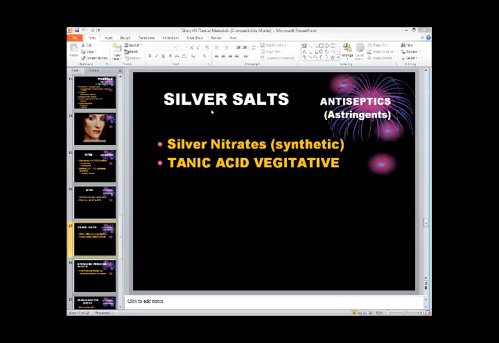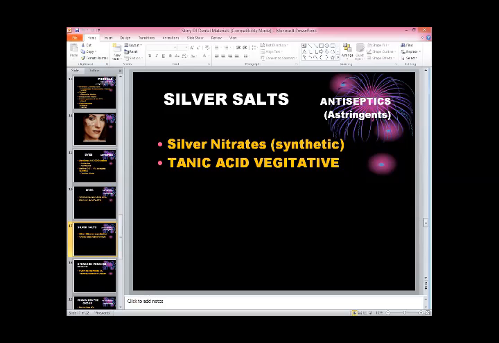We can use these. Silver nitrate is a synthetic salt we are making, but tannic acid is vegetative. In a way, we can say that this tannic acid is astringent.